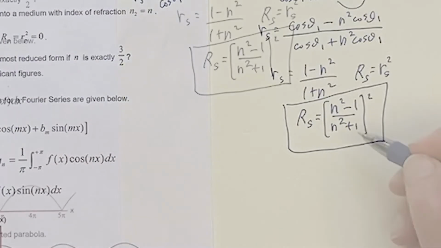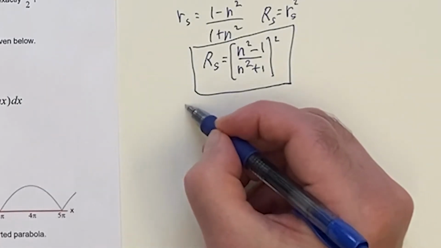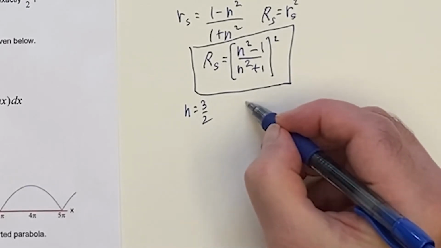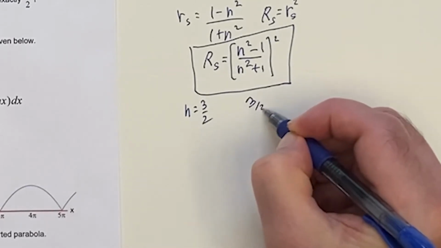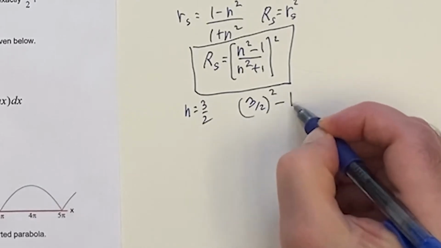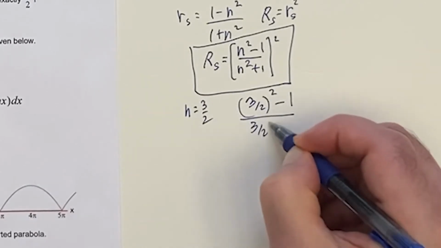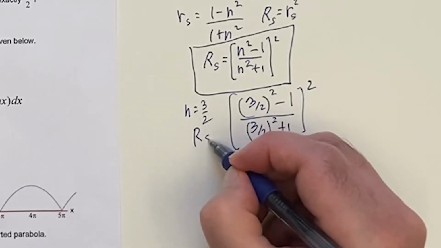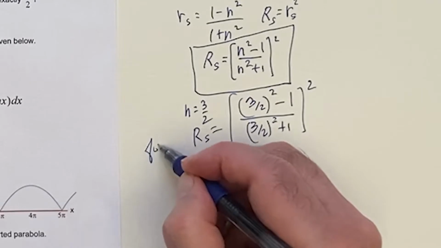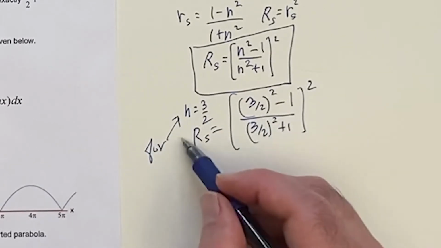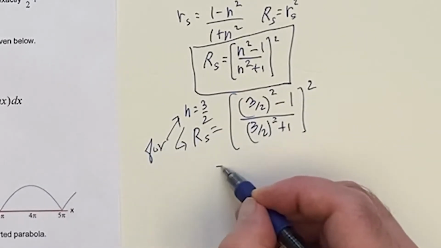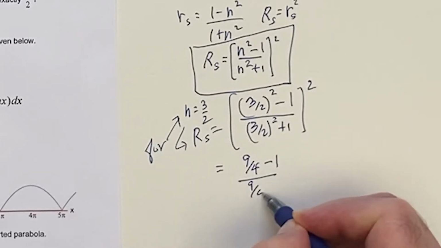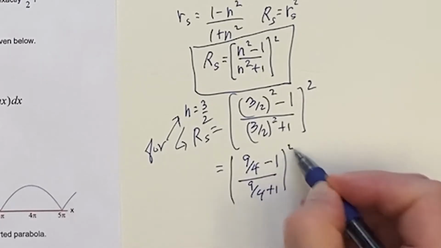Now for part B, it says if N is exactly 3/2, what's the answer? Well, that would be 3/2 squared minus 1 over 3/2 squared plus 1. The whole thing has got to be squared. So this is for N equal 3/2, a special case. So this would be 9/4 minus 1 over 9/4 plus 1, squared.